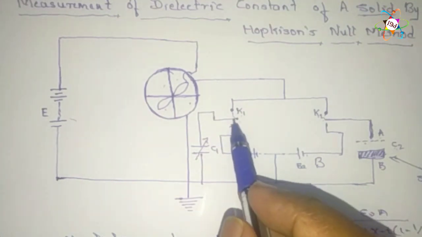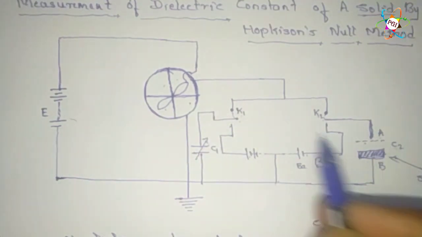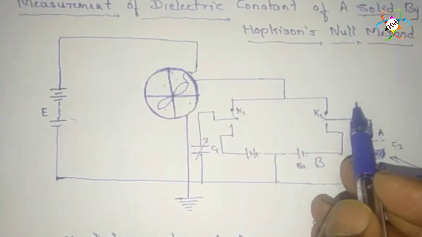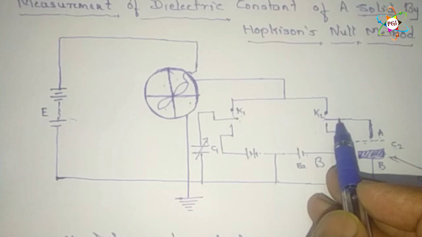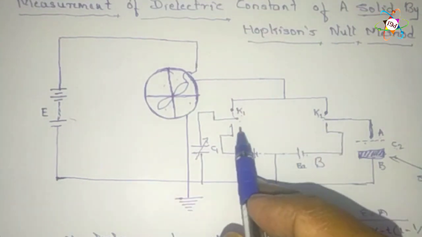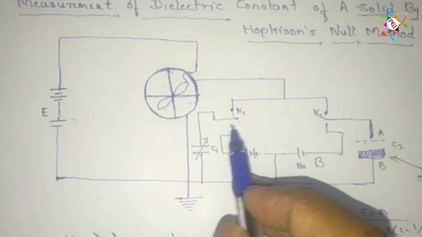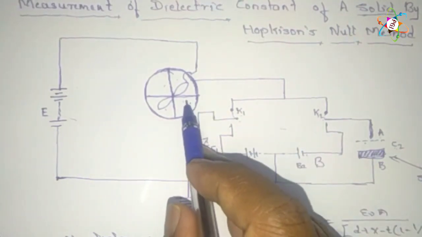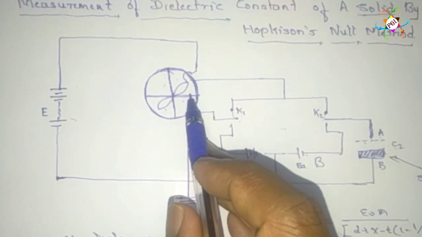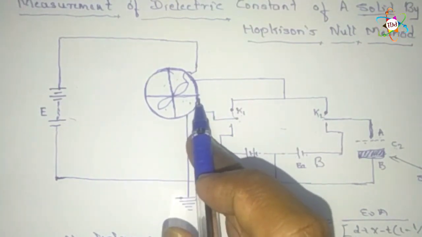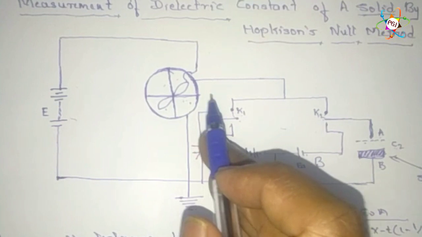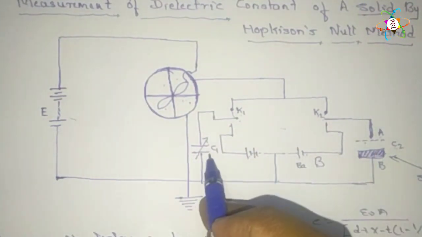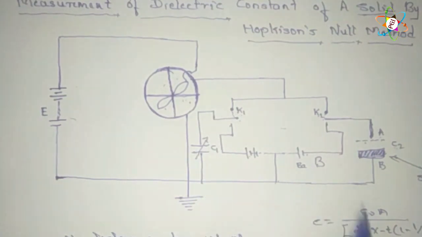The charges of the capacitors are neutralized by one another. Where the charge is neutralized, there is no deflection in the electrometer. This is obtained by the existing capacitance of the variable capacitor C1.